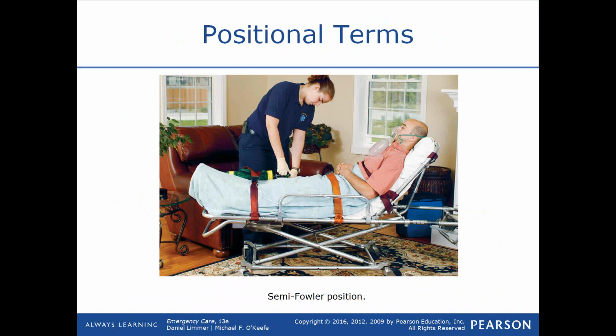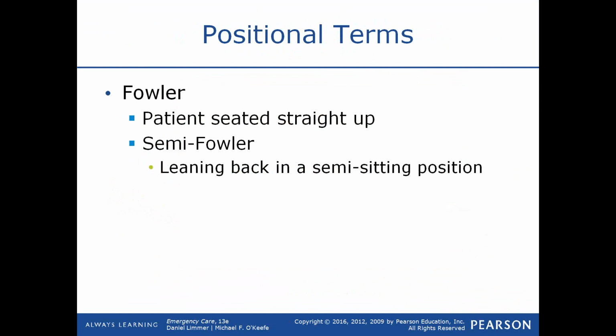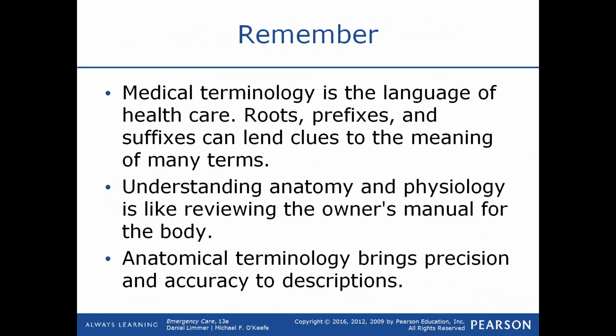And it's not important to know the angles. It's important to know that some patients' position of comfort is different. Some may need to sit straight up. Some may find this position very comfortable. So with a fowler, the patient is seated straight up. Semi-fowler, they're leaning back.